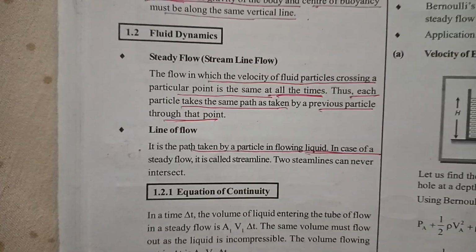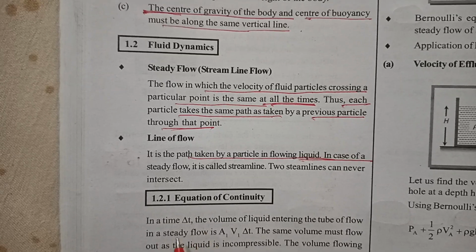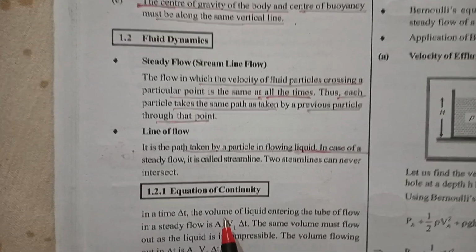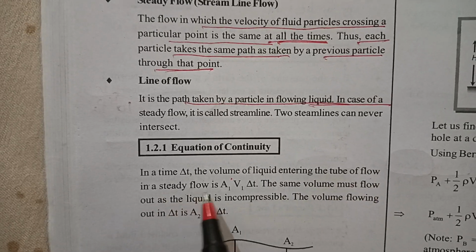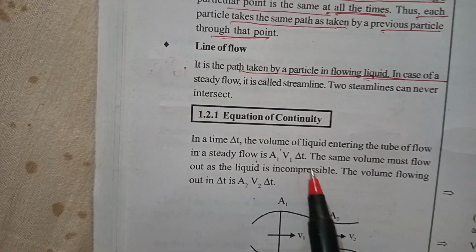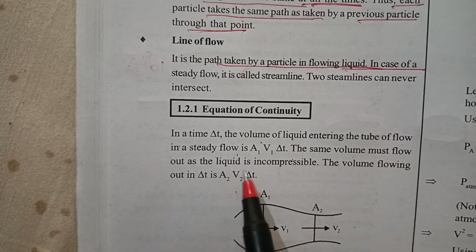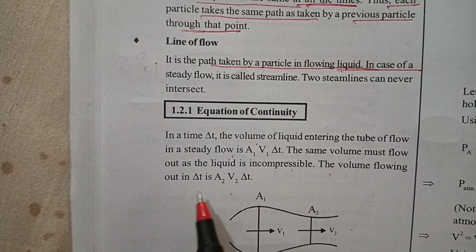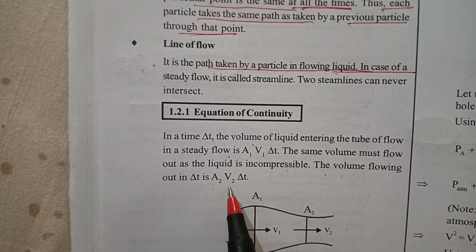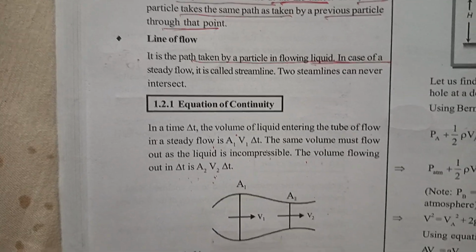Now what is equation of continuity? Suppose in a time delta t, means जो time duration है, it is delta t, the volume of the liquid entering the tube of flow in a steady flow is A1 v1 delta t. The same volume must flow out if the liquid is incompressible. The volume flowing out in delta t is, ये time duration है, A2 v2 delta t.